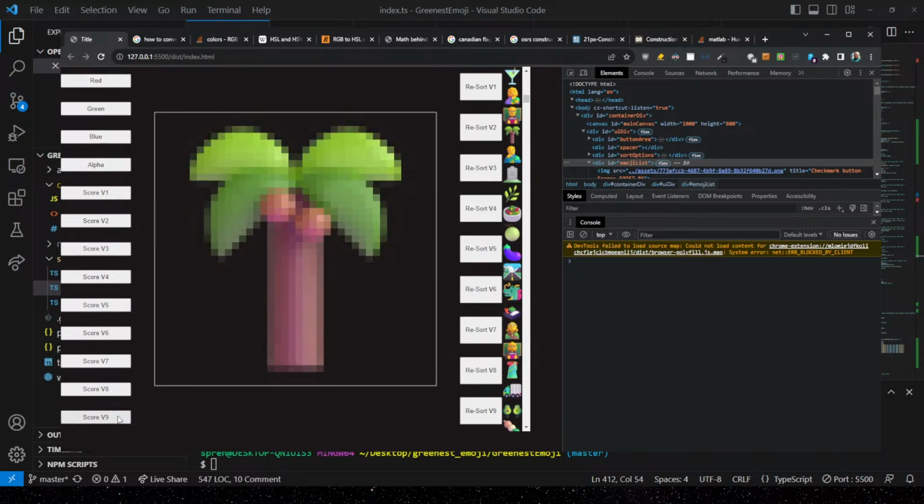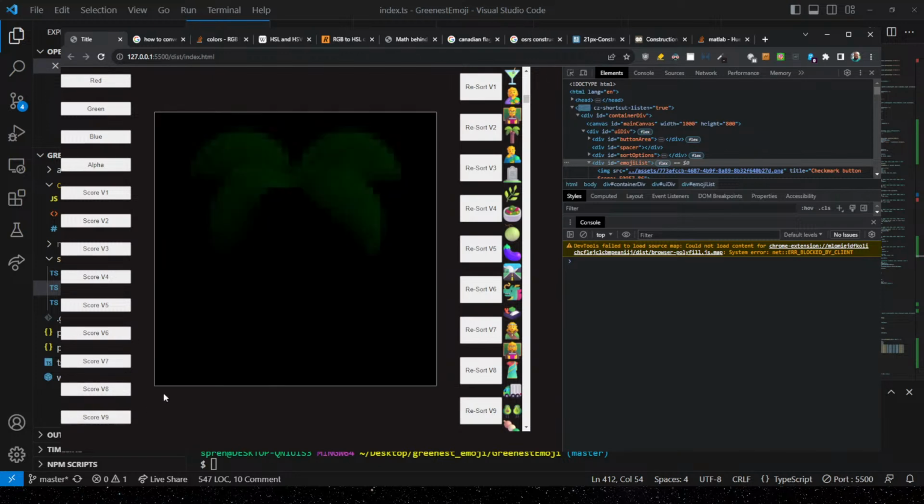Yeah, okay, I could see how these are more of a brown than a green. I could understand that argument. I think it's still pretty green, but it's alright. Okay.